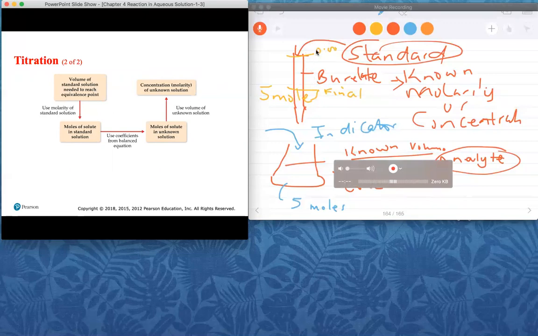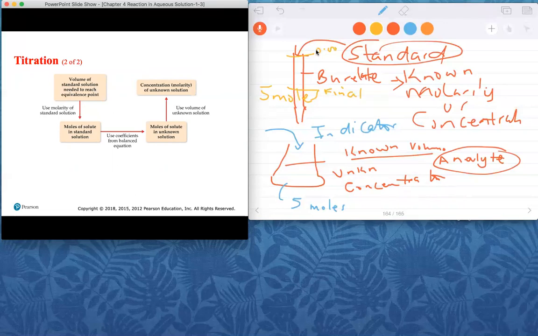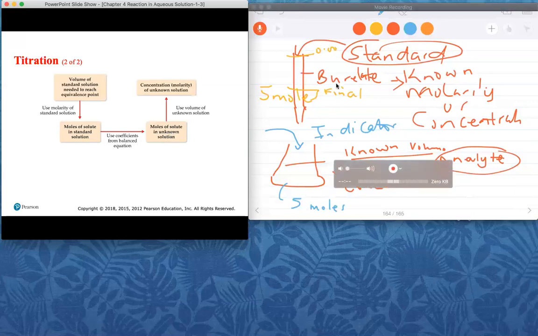So whatever goes in there, we know the concentration, or molarity, which is the same thing. And then we use the mole ratio, the coefficient in the balanced equation, to determine the number of moles in the unknown. If I know the volume used to reach the equivalent point by the color change, I can use the molarity, which is the concentration, and the volume.